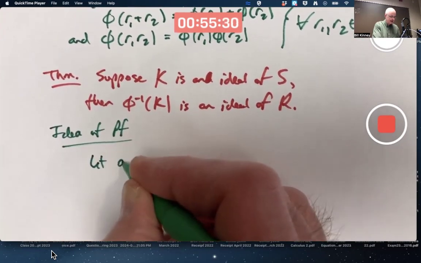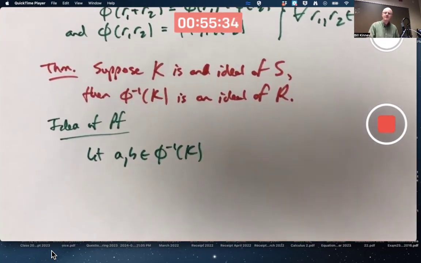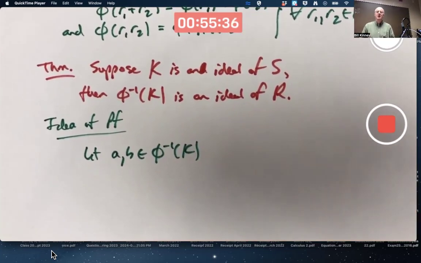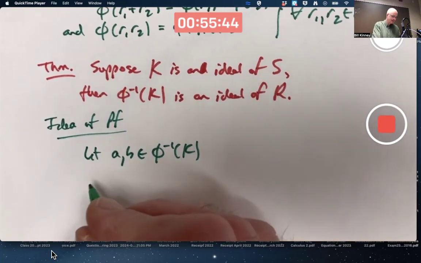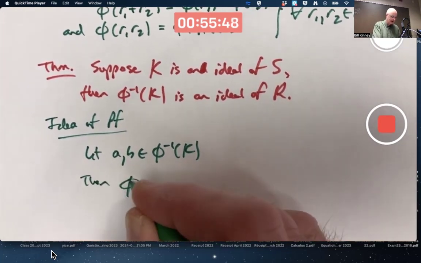First, let A and B be in the preimage. To show it's closed under subtraction, I need to show A minus B is in the preimage. What does that mean?